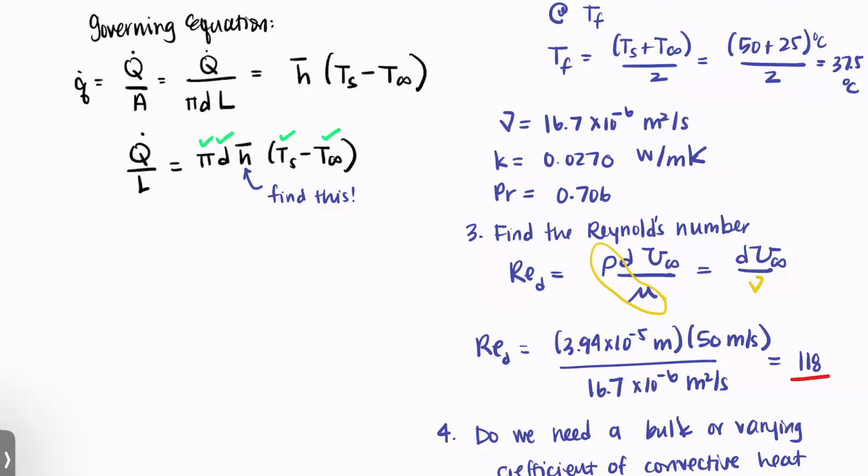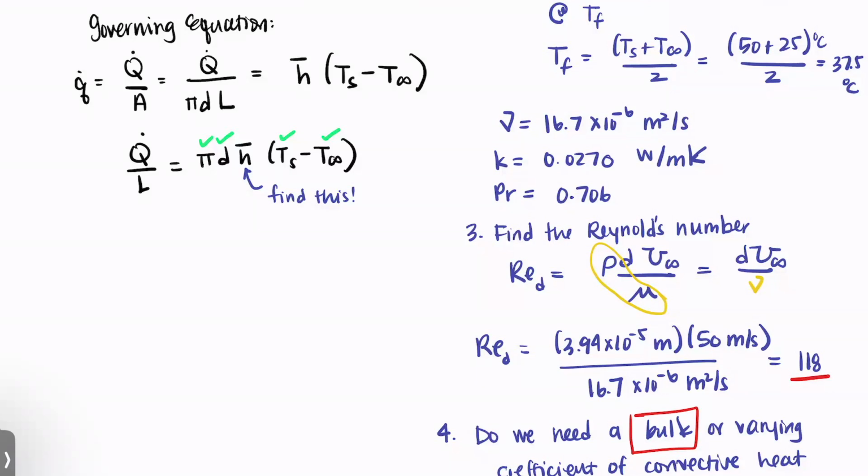I kind of already gave it away. We need H bar. Right, so we care about the total heat transfer per length. We don't care about what the heat transfer is at a specific place. All right, so we're gonna go with bulk.